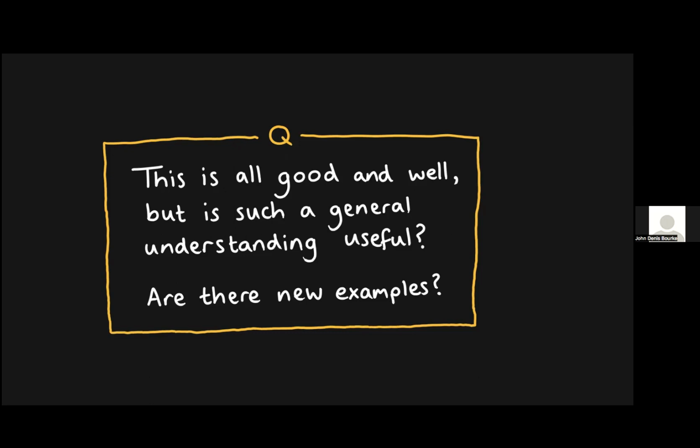But is it actually useful? is a reasonable question to ask, because one of the motivations at the start was that we use algebraic theories and monads a lot in category theory. So if we have a general theory, we'd like it to be useful for something. So first of all, is it useful? And for instance, do we get any new examples of monad-theory correspondences? That would be a valuable consequence of this work.